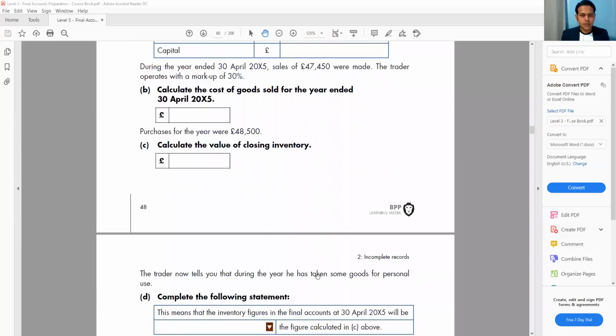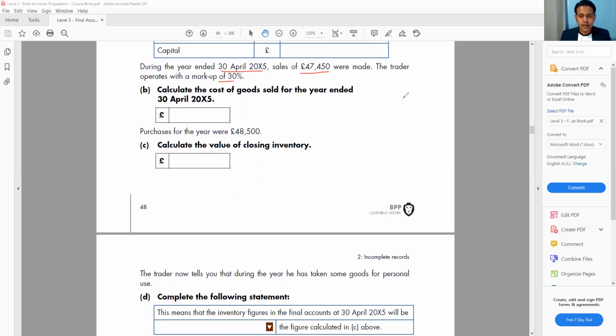All right, the next question we have here. So we have again the markup. During the year ended 30 of April 2005, sales of 47,450 were made. So sales is 47,450. The trader operated markup. So markup means it is more than 100%, isn't it?